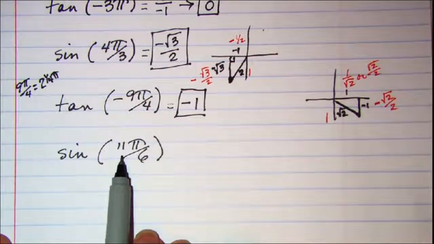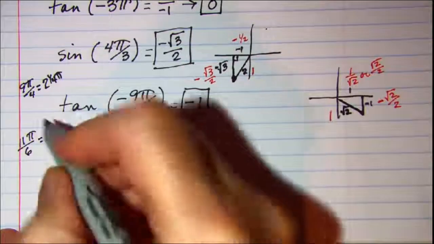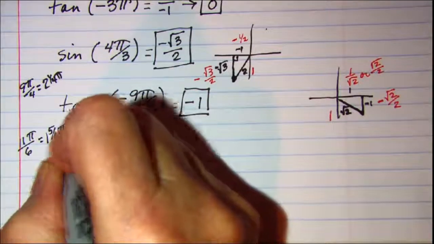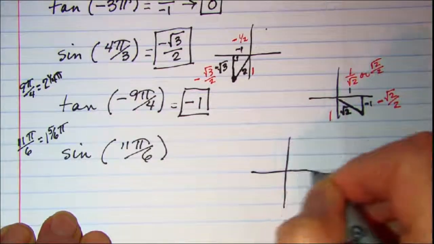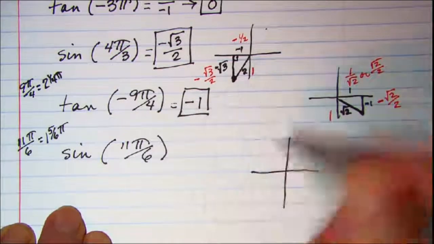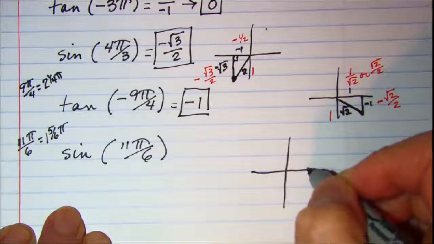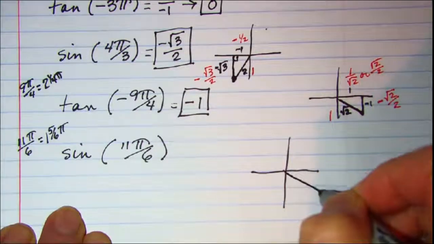On this one, I can think of 11 pi over 6 as 1 5/6 pi. So our reference triangle is a positive angle, so I'll be going in a counterclockwise direction. And 1 5/6 would put me in quadrant 4.